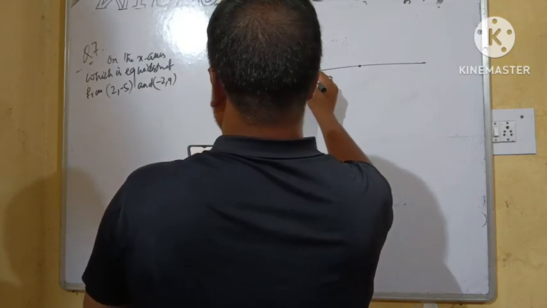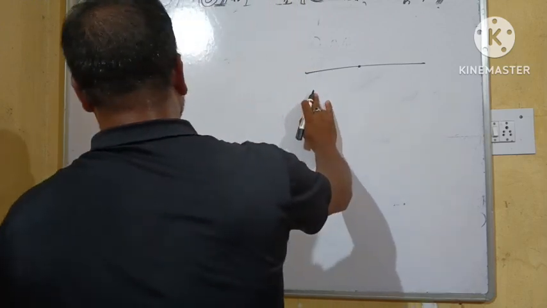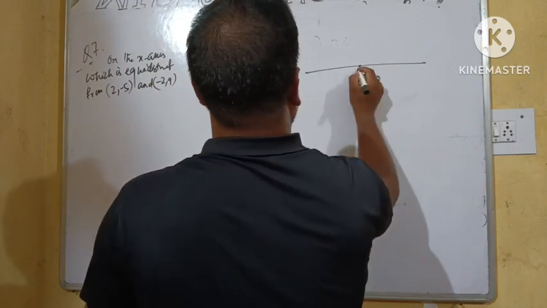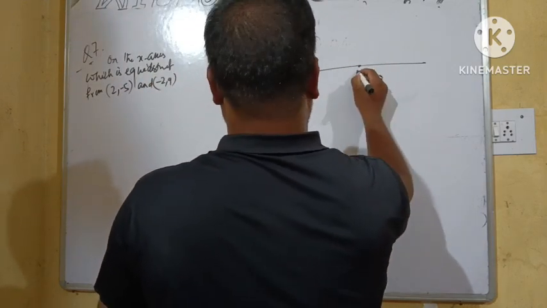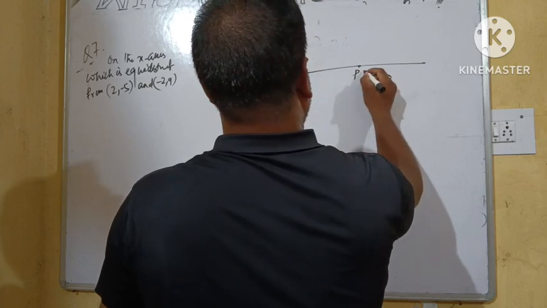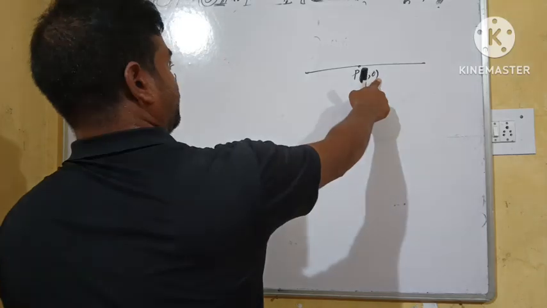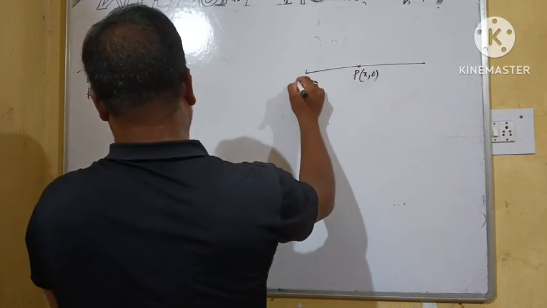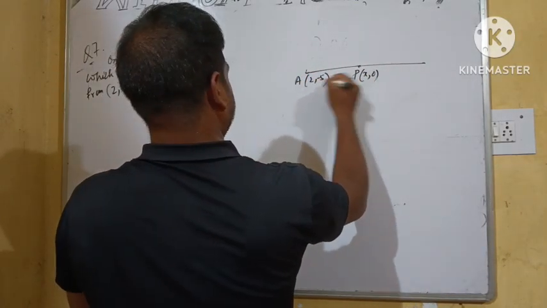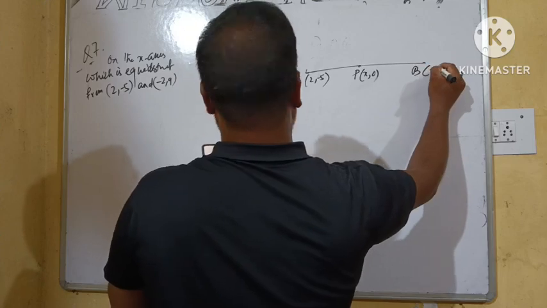Suppose here is a point on the x-axis. A point on the x-axis has y equal to 0, which is equidistant from, suppose, A (2, -5) and B (-2, 9).